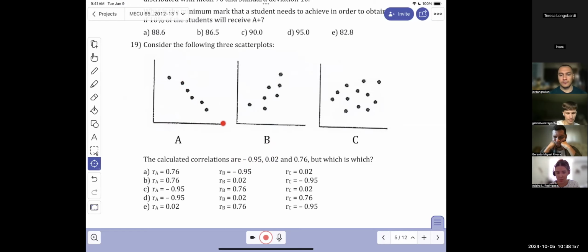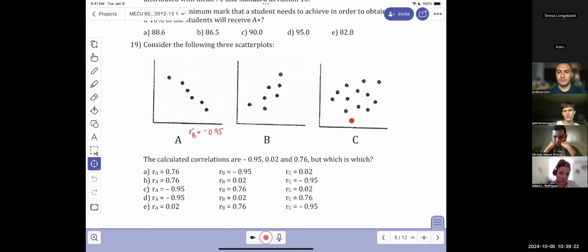The higher the horizontal variable is, the lower the vertical. It's going down. So this is negative 0.95. And now you get to choose between these two.